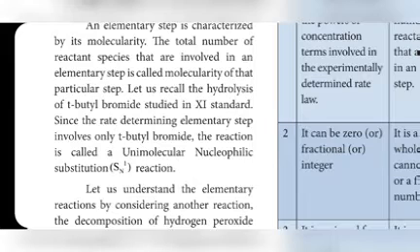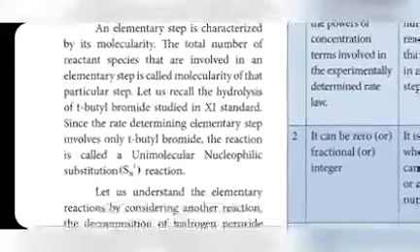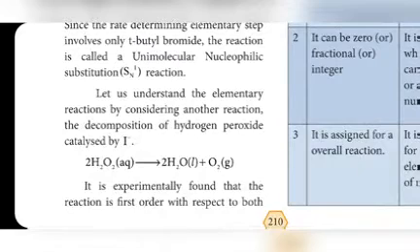There in 11th standard we learned the SN1 reaction and SN2 reaction. S means substitution, N means nucleophilic, so SN means nucleophilic substitution. Here 1 means unimolecular, and 2 means bimolecular.